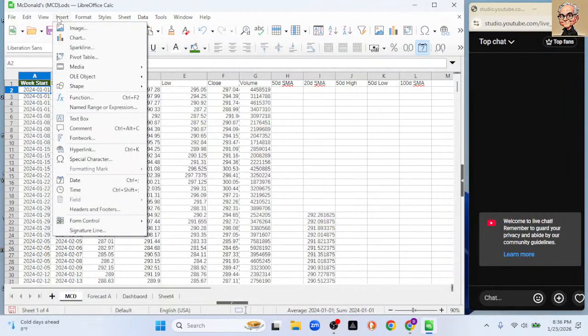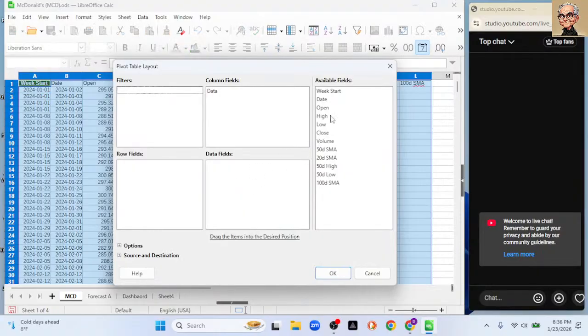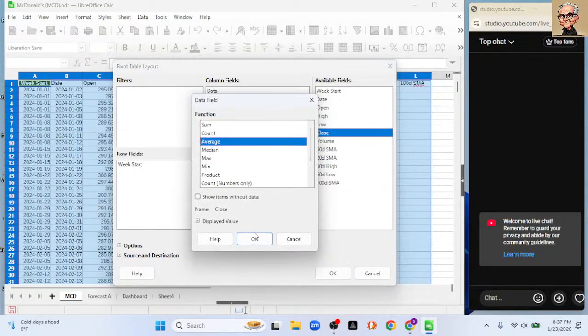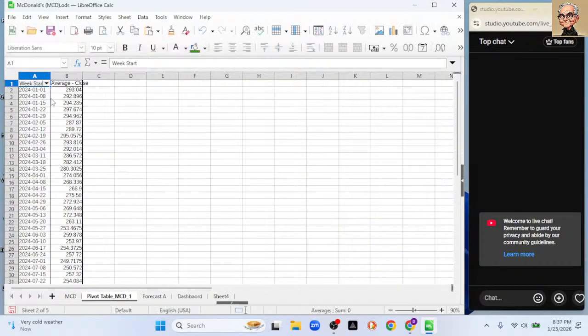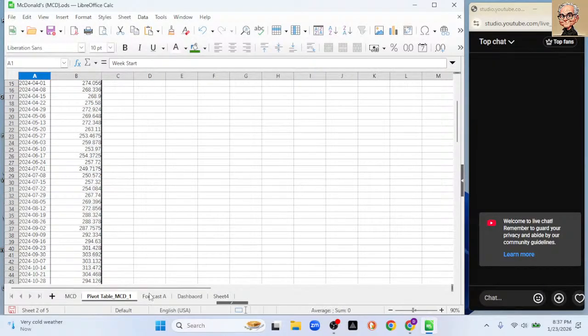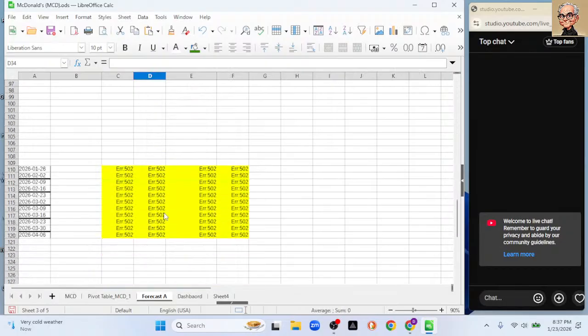So we go to Insert, Pivot Table, New, Week Start, right? Close, Average. And because the median and the mean are still an average, we only use the average, okay? So here's our data. All right, we got this over here, don't we?